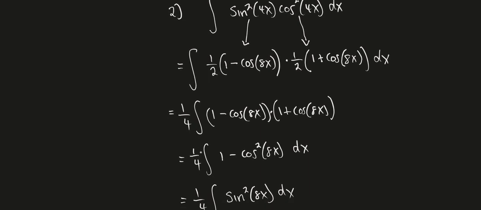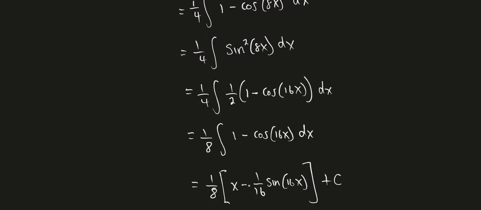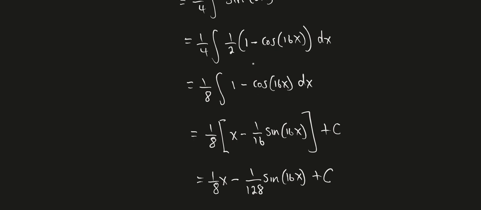Now every line here, let's count them. 1, 2, 3, 4, 5, and 6 if we include this one. All those 5 or 6 lines, depending if you want to count this last one, this was all trig. There was no calculus until this step right here. So this step is the only step at which we actually applied rules from calculus.